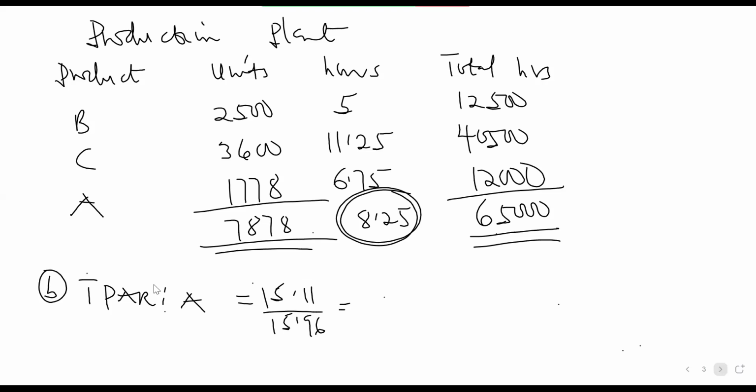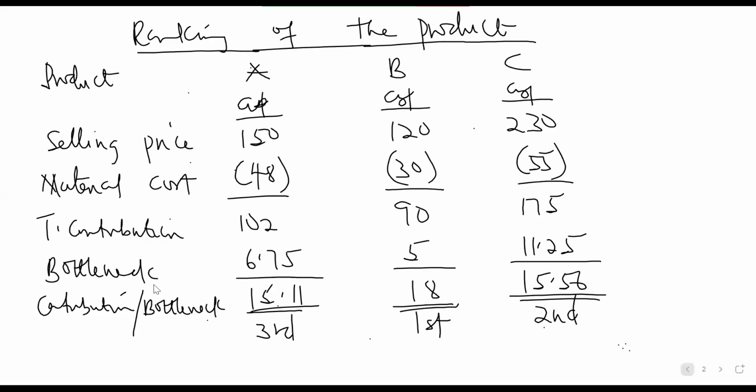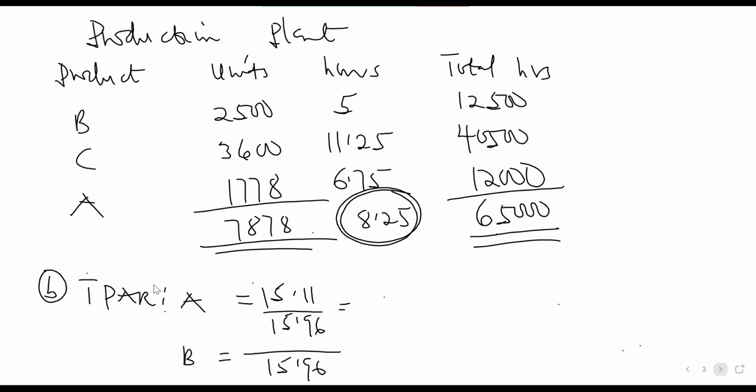15.11 divided by 15.96. Is that correct? So what are you getting? And B will give us 18 divided by 15.96.